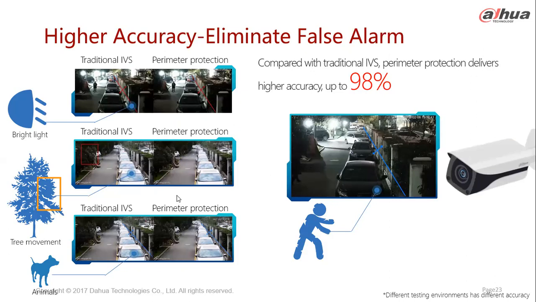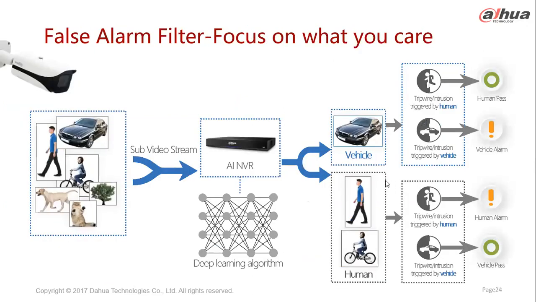If you're doing perimeter protection with an AI NVR, the accuracy is high, up to 98%, also considering installation factors like proper installation to achieve a better view. About the false alarm filter, focus on what you care about.